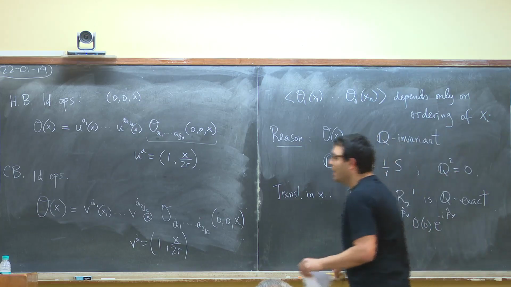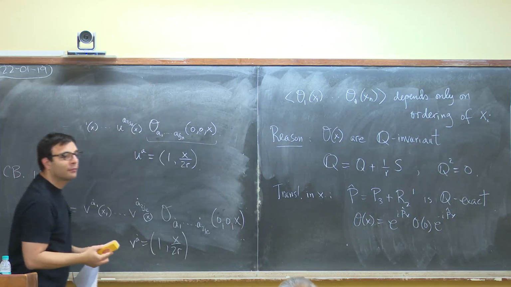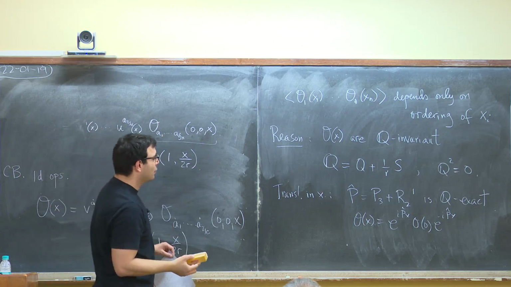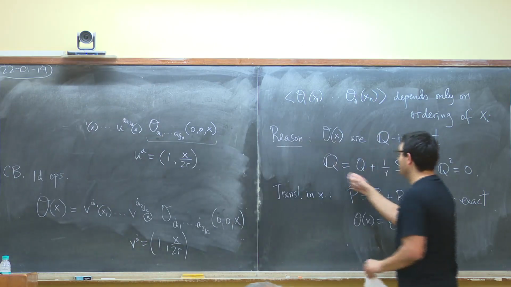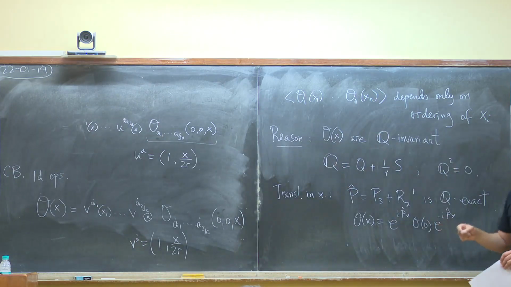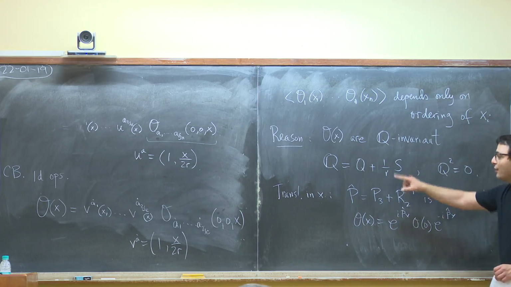Okay, so this is the argument. Why is P hat Q exact? Can you see it from this construction? No, this is just a property of the supercharge that I'm choosing. I would have to tell you precisely what the supercharge is. I'd have to define my conventions for the superconformal algebra very carefully to show you that you can find such a construction.